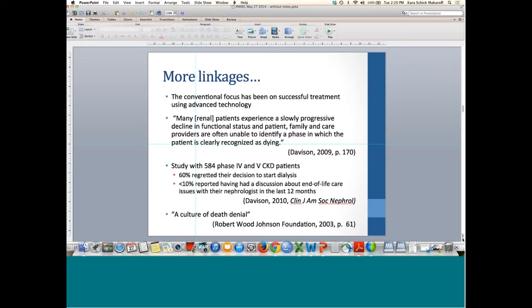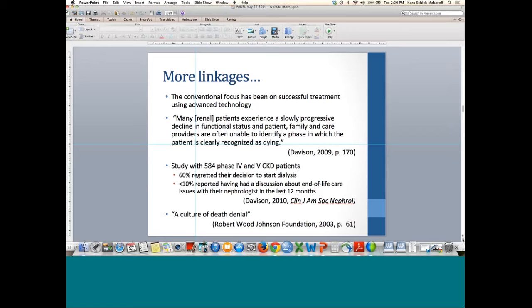message. The Robert Wood Johnson Foundation articulated 11 years ago that there is a culture of death denial in the renal population, and that's systemic, within healthcare as well as within conversations with patients.